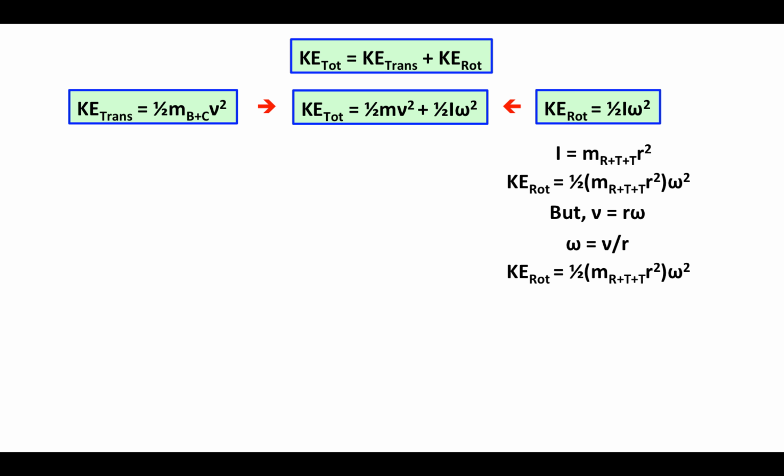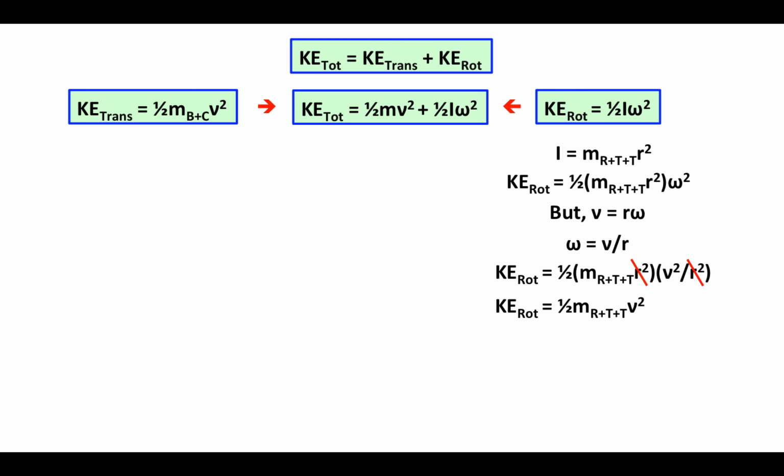So into this expression that I had 3 lines above, for omega I can substitute velocity divided by radius, which gives me this. I can cancel out r squared.